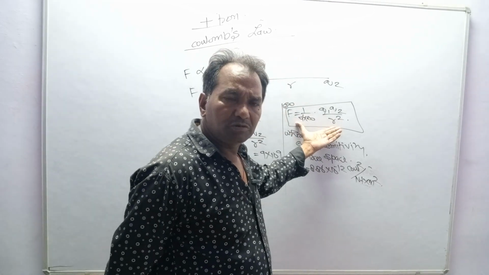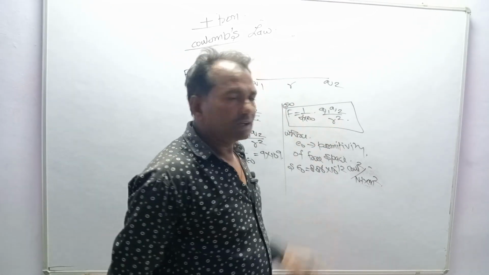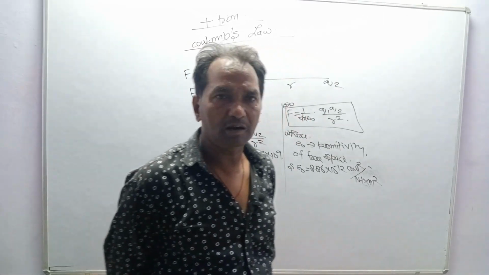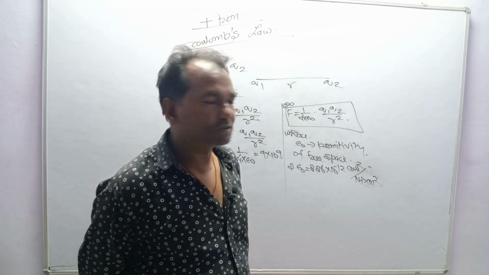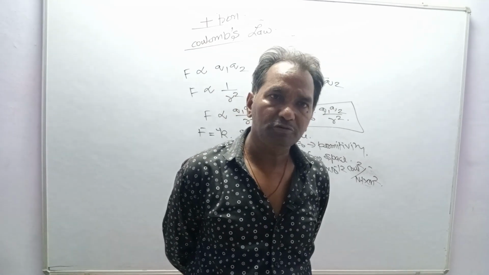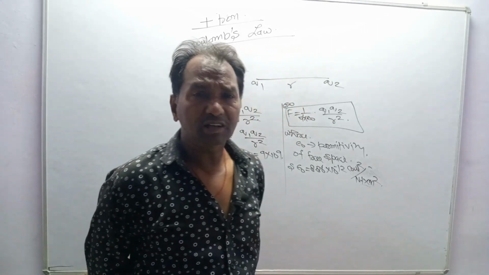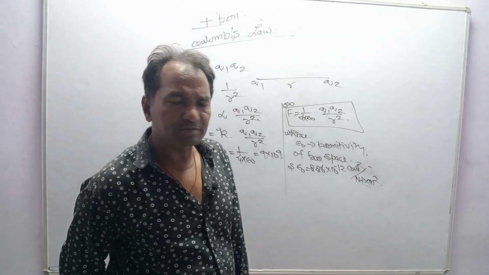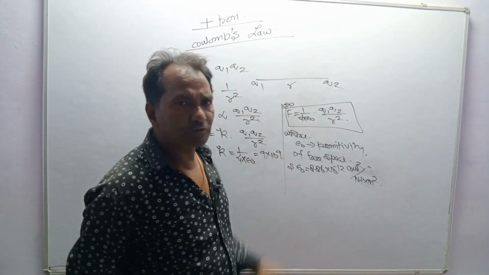If the two charges Q1 Q2 are separated by a distance small r in vacuum, then the force acting between them would be F equal to 1 upon 4 pi epsilon naught Q1 Q2 over r square. When the charges are kept in vacuum, the value of 1 upon 4 pi epsilon naught works out to be 9 into 10 power 9.